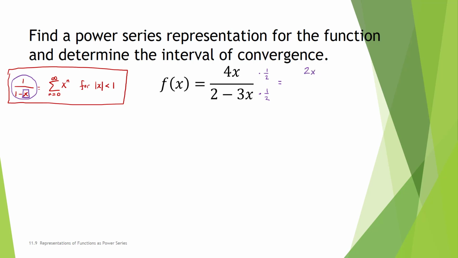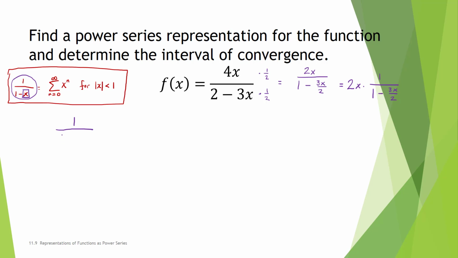So we have 2x divided by 1 minus 3x divided by 2. And then I could take that 2x in front and just slide it off. So we have 2x times 1 over 1 minus 3x divided by 2. So I've written f of x in this way that's more convenient.